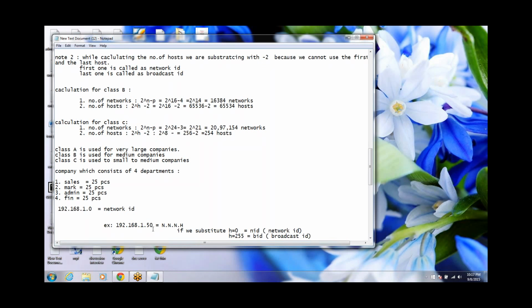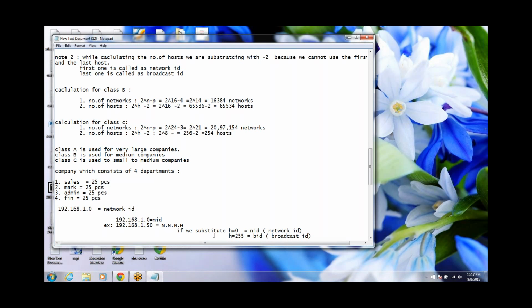Now for this address, what is the network ID and broadcast ID? I will write the network ID at the top and the broadcast ID below. For example, 192.168.1. The first three octets are the network and the fourth one is the host. Simply substitute H equal to 0, and that is your network ID.